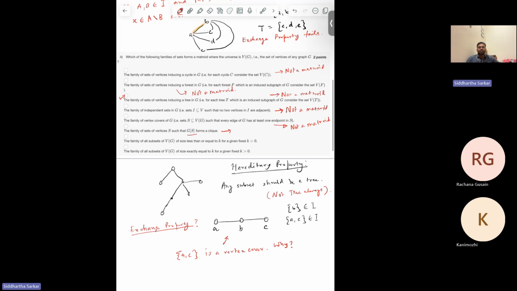Now is this a clique? I'll give you a minute to think about whether this is a clique. I mean, matroid. Is this a matroid?